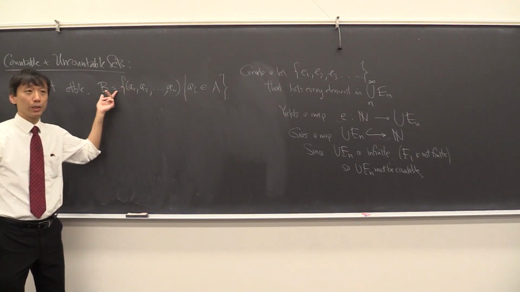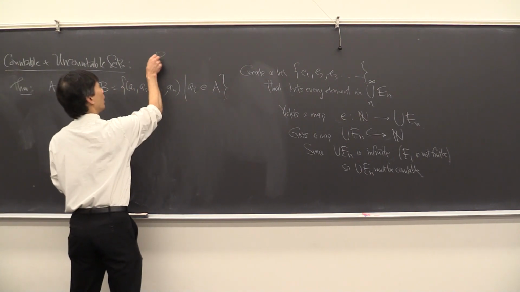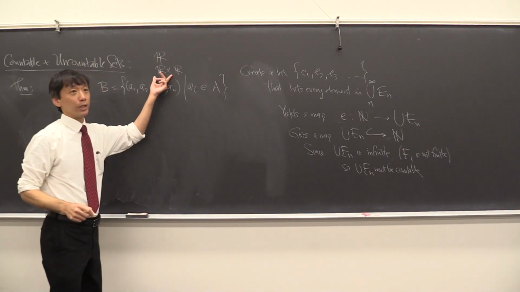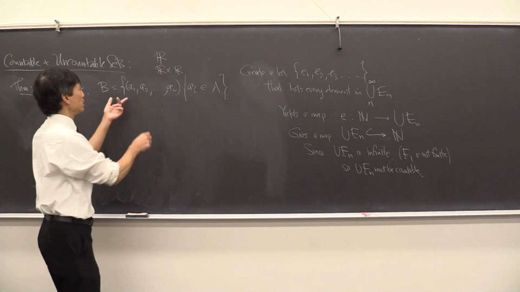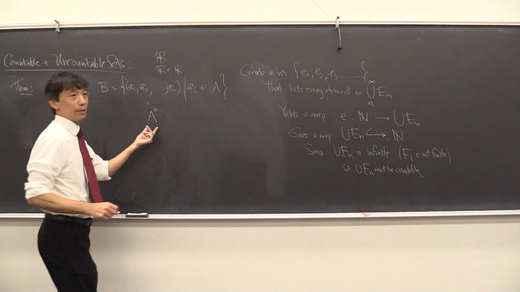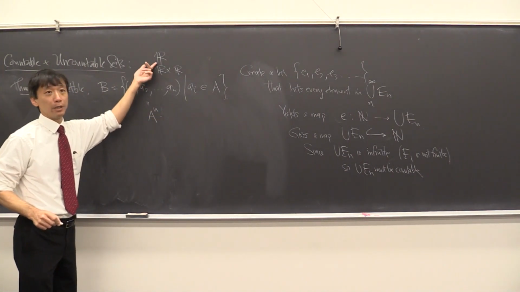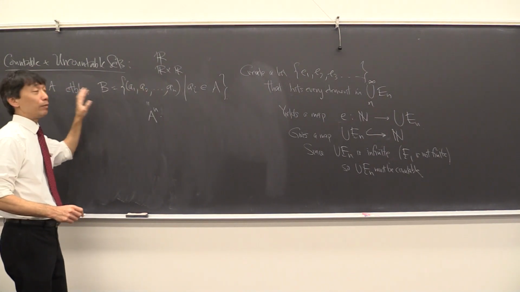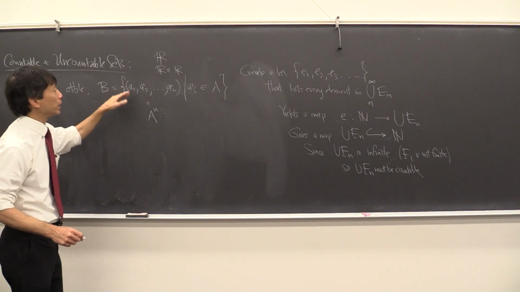Do you guys know this term, Cartesian product? Like if you have R, you have R cross R. You have a Cartesian product. You can think of this as A^n, just like we think of R^n. It's just vectors of elements in A.